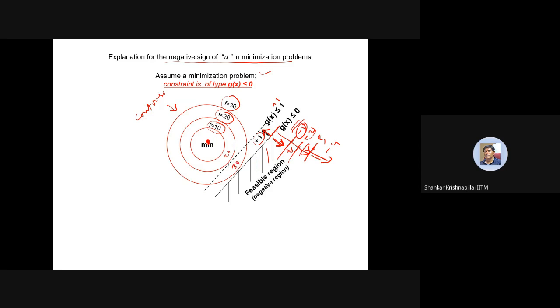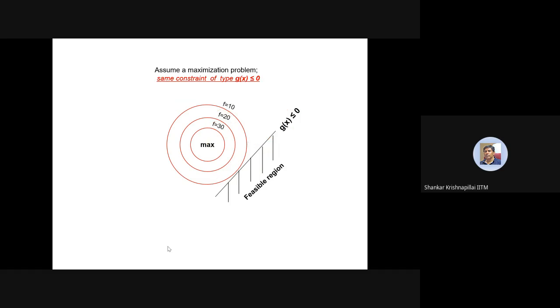So there is a negative rate of change of the objective function for unit change in constraint boundary. When you minimize an objective function, and the constraint is defined as less than or equal to 0, then u will be negative, because the objective function value decreases from 30 to 20 for unit increase in constraint boundary.